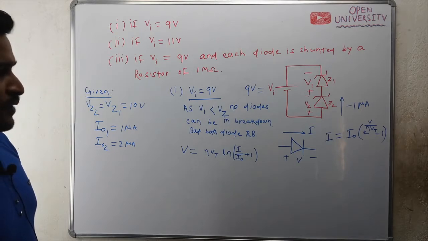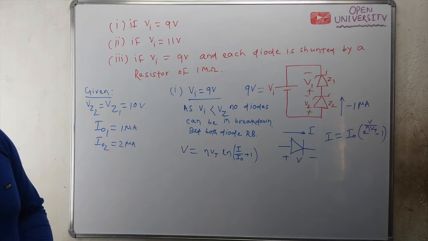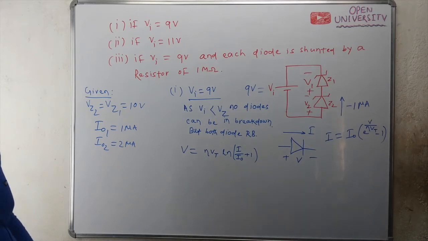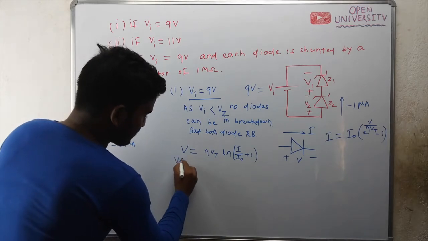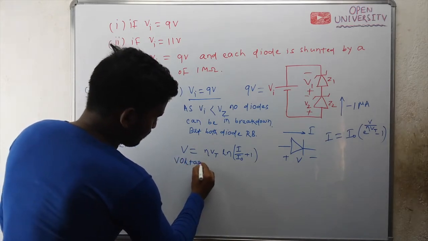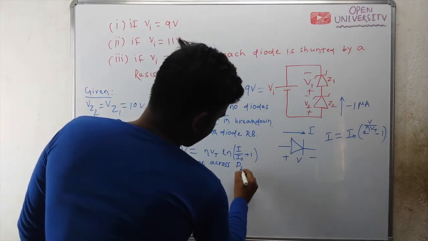My interest is to find out what V1 and V2 are. Now, you first find out the voltage across diode D2.